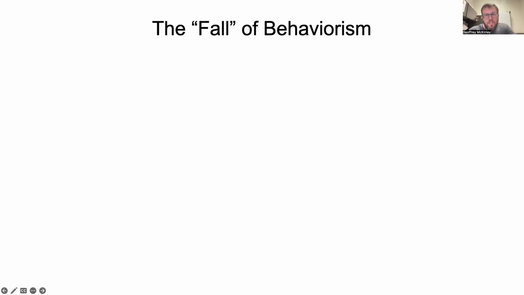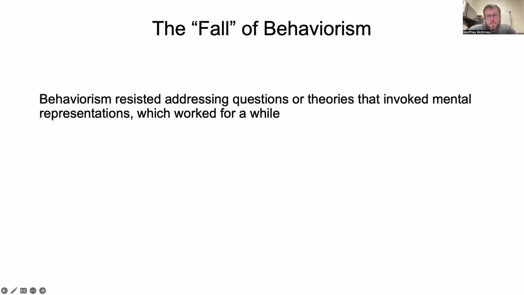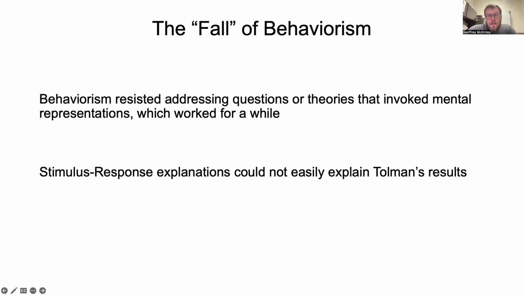And so this eventually leads to what I would call the fall of behaviorism. It's not quite the fall of behaviorism, because behaviorism is still a thing that people do. There are people who are behaviorists who study behaviorism, but it's lost its dominance in psychology. This is partly because behaviorism resisted addressing questions or theories that invoked mental representations. And this was okay for a while, but these stimulus-response explanations could not easily explain Tolman's results.